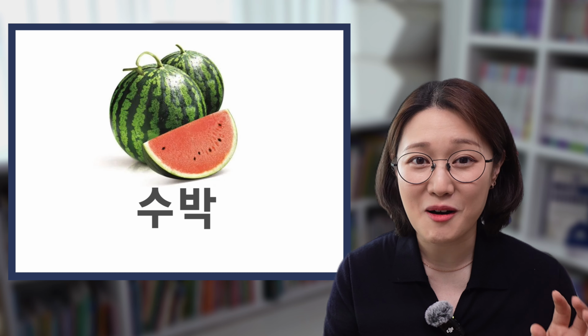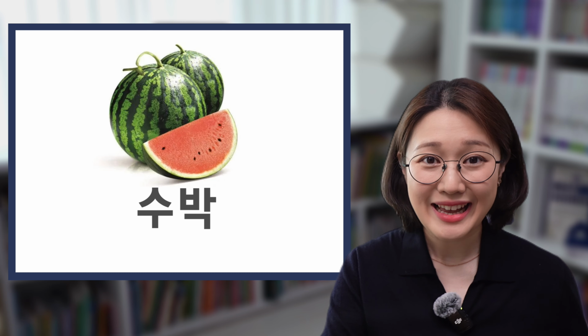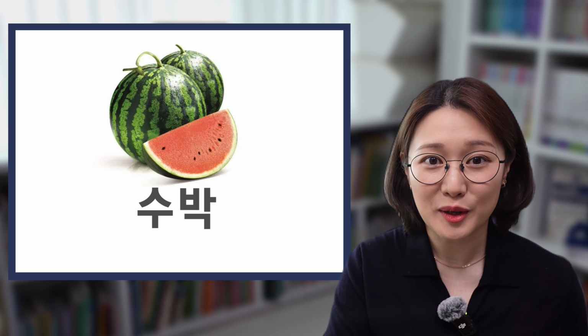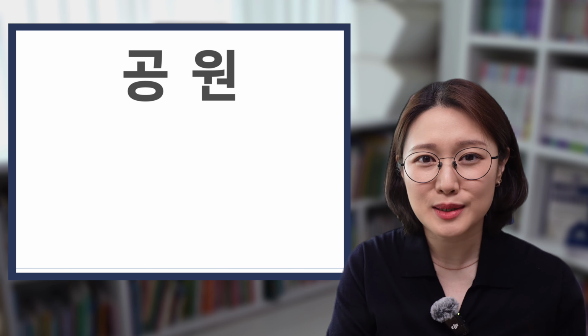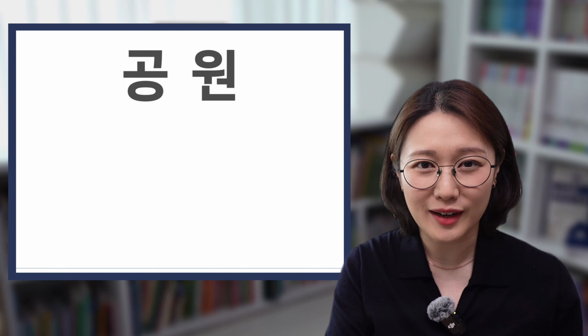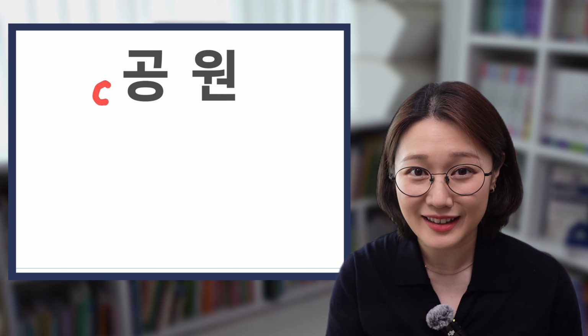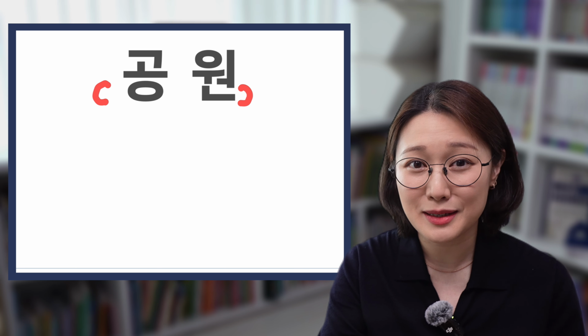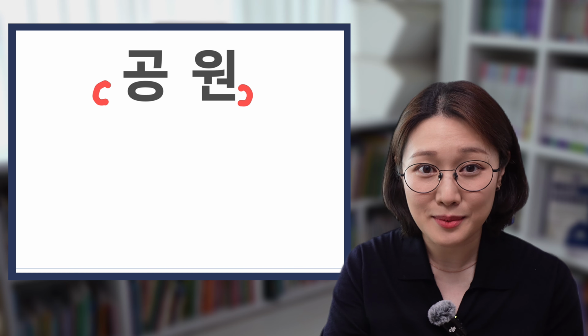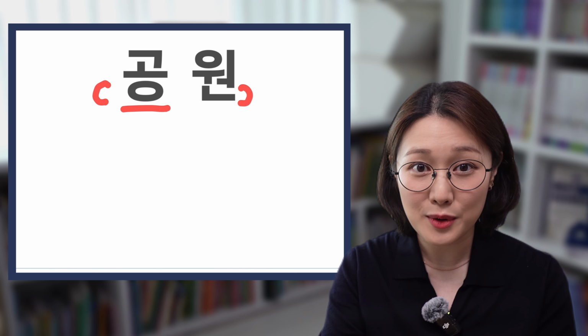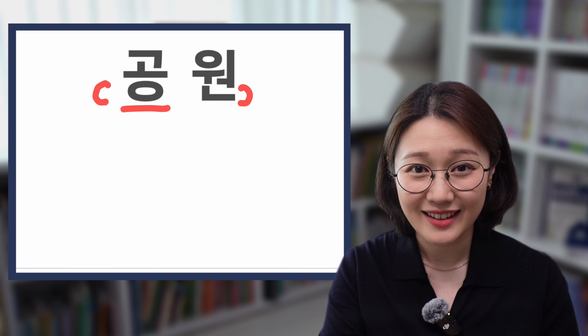It means watermelon. Now let's look at one more word. This one. Oh, those two syllables look a bit more complicated because they seem to have final consonants, right? Okay, let's look syllable by syllable. First, look at this one. Can you find the consonant, vowel, and final consonant? Good.